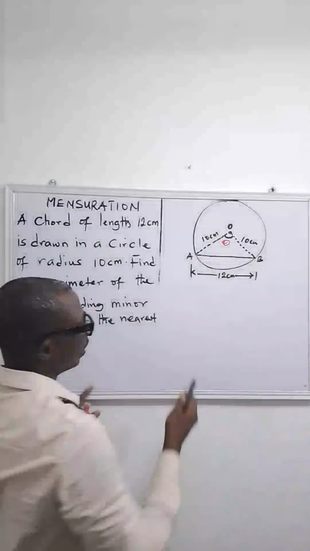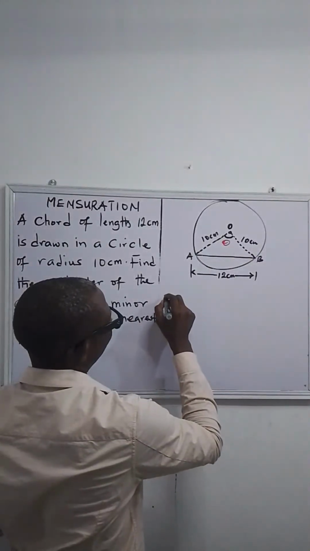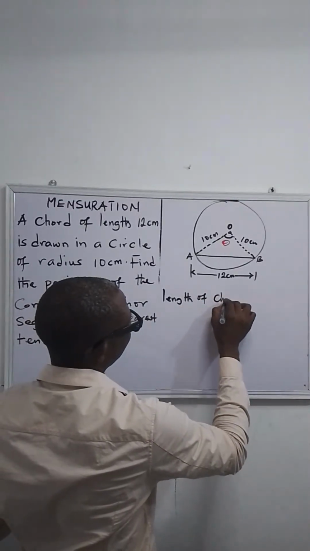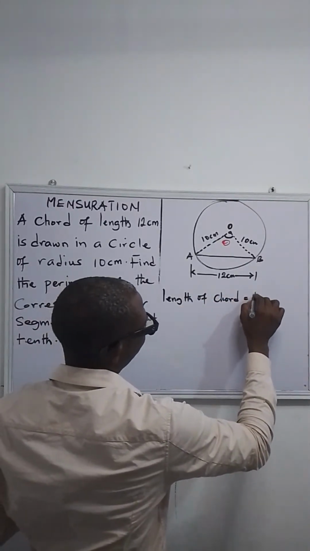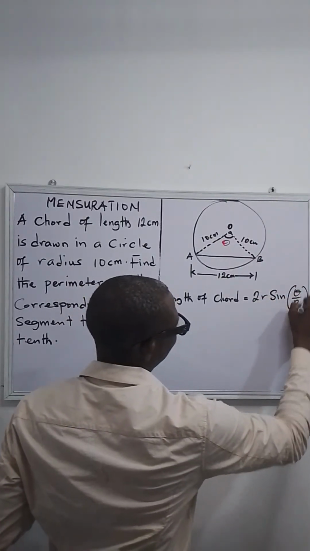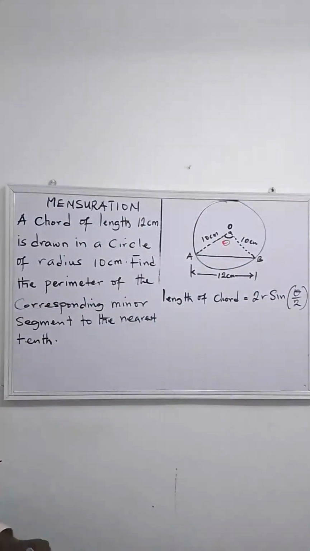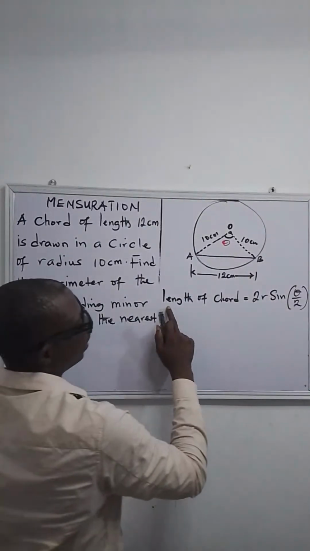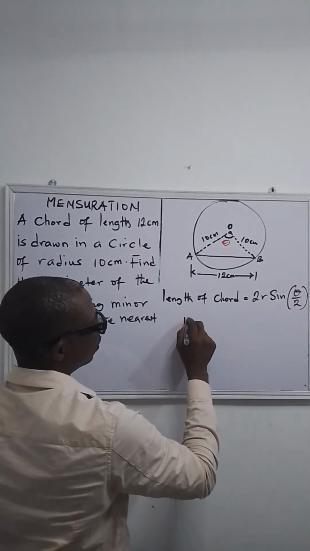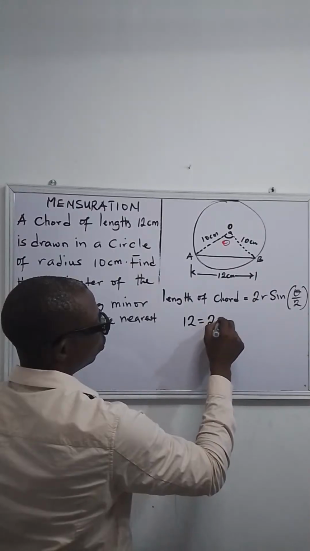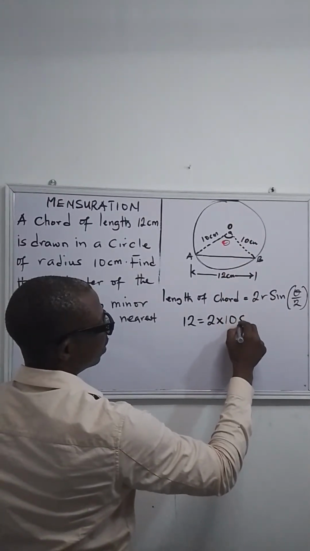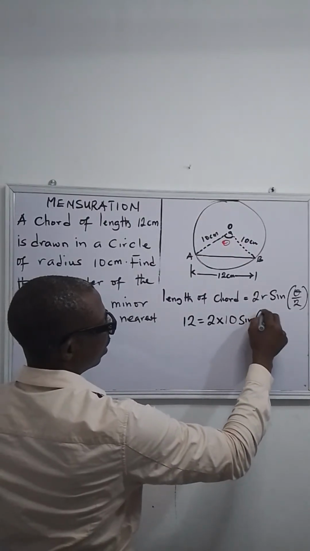All right, so now let's write out the formula. Length of chord equals 2r sine theta over 2. Can you see that? Now the length of the chord has been given as 12 centimeters, so we have 12 equals 2 times r, and r is 10, so 10 sine theta over 2.